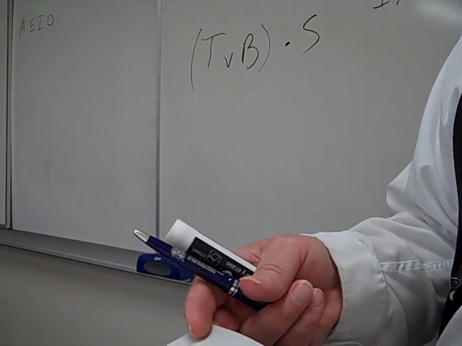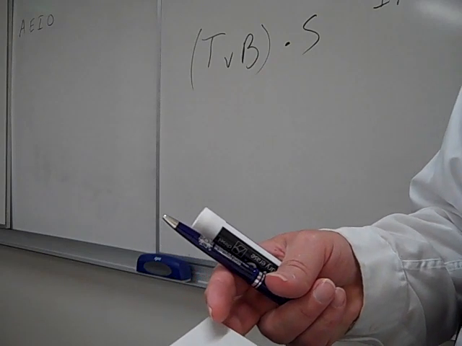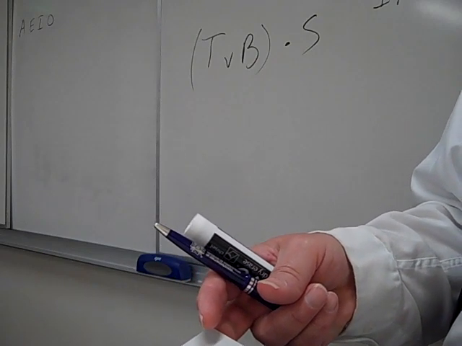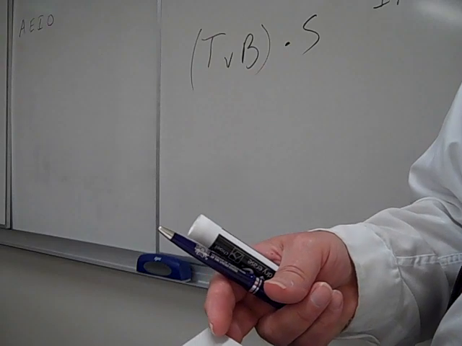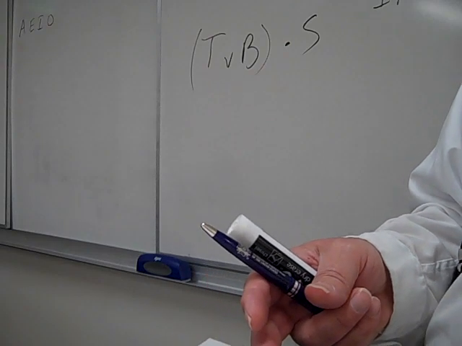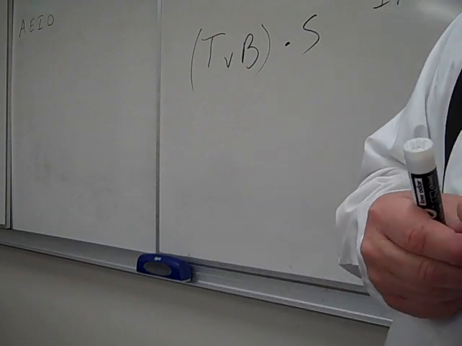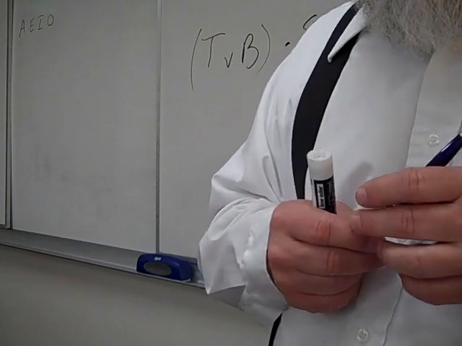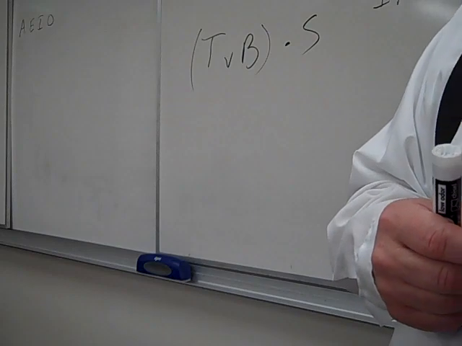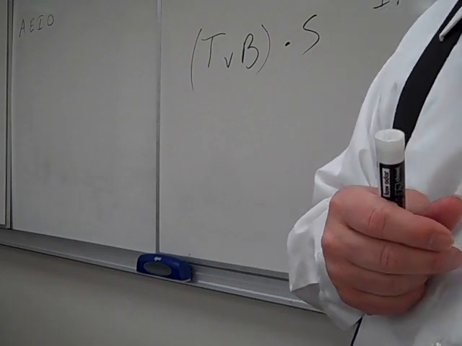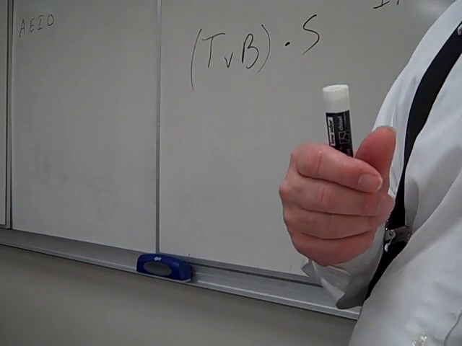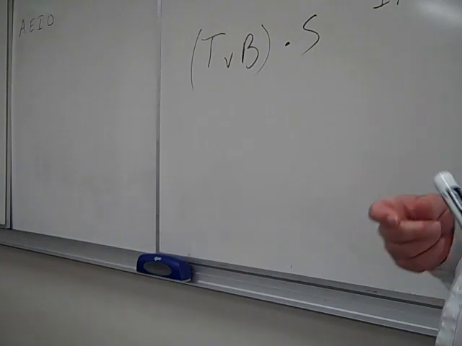Page 339, exercise 7C, point 2. For the following, let P be true, Q be false, R be true, and S be false. Determine the truth value of the compound propositions. So he's already giving you these values.